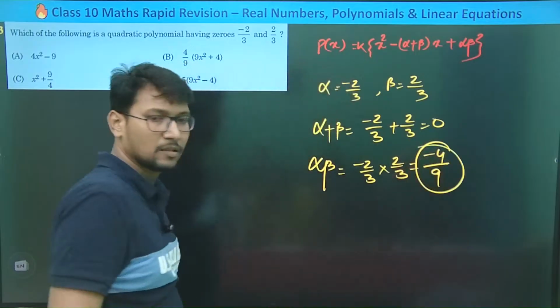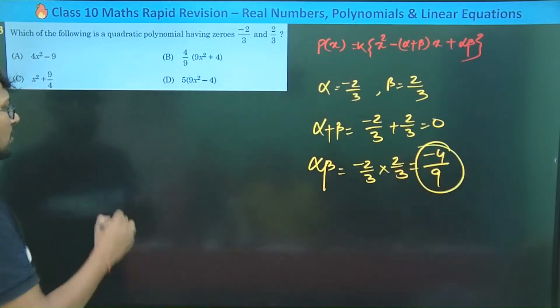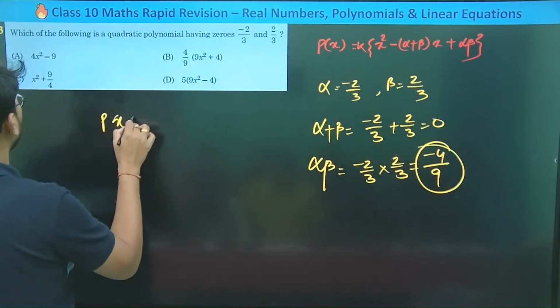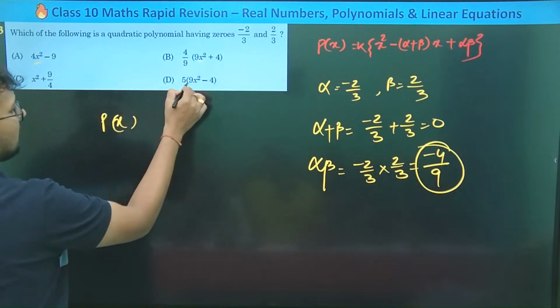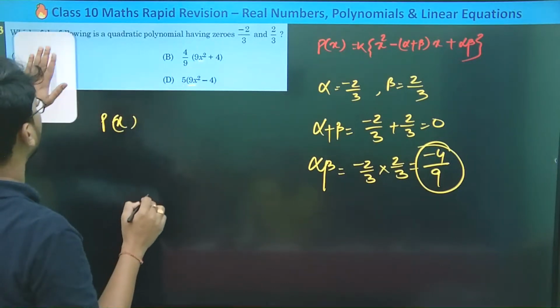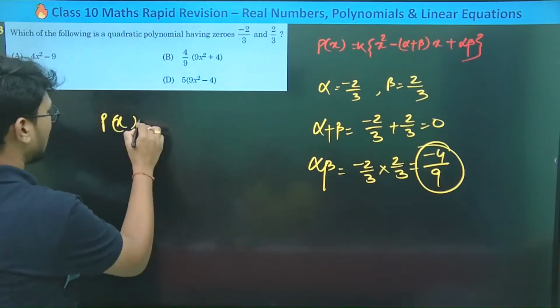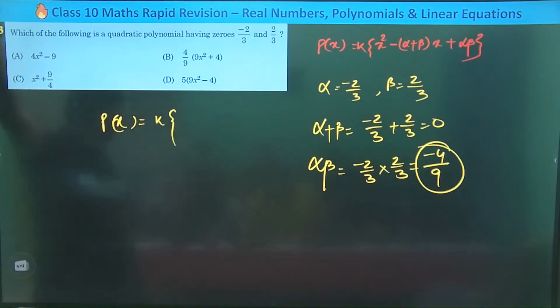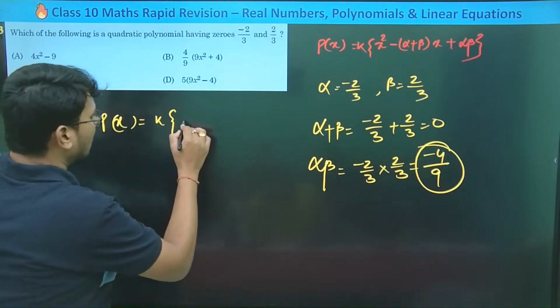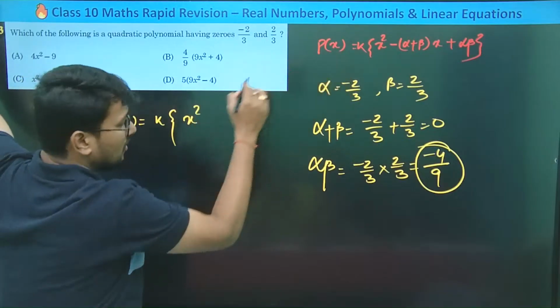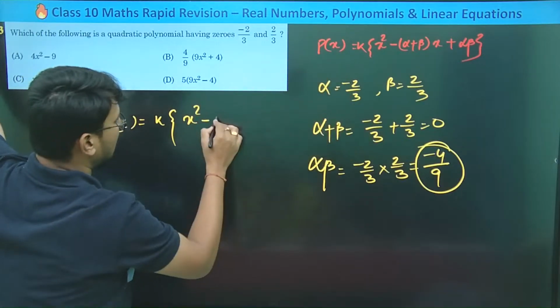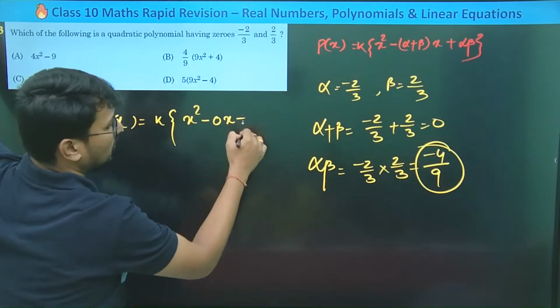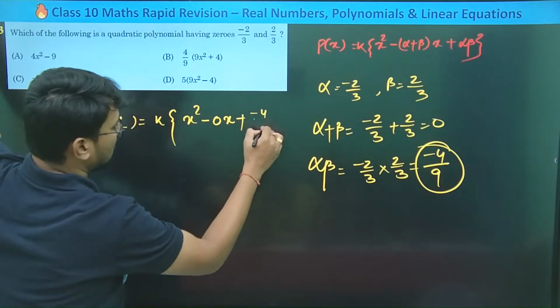Got it? So the polynomial P of x, in terms of x, we can write k into x square minus sum, which is 0, into x plus product, which is minus 4 by 9.